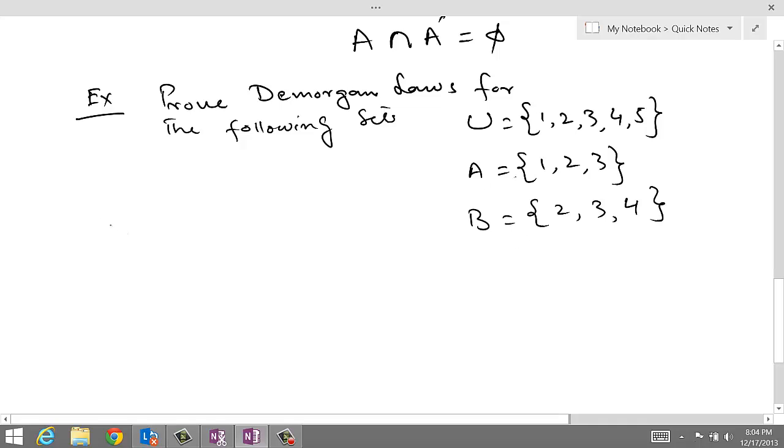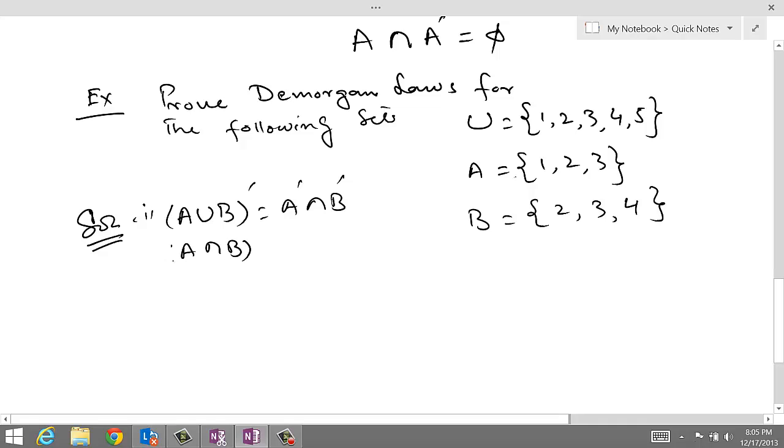Let's first state the De Morgan laws. So the solution would be, first we are going to state what the De Morgan laws are. The De Morgan law is (A union B) complement is equal to A complement intersection B complement. And the second De Morgan law is (A intersection B) whole complement is equal to A complement union B complement.